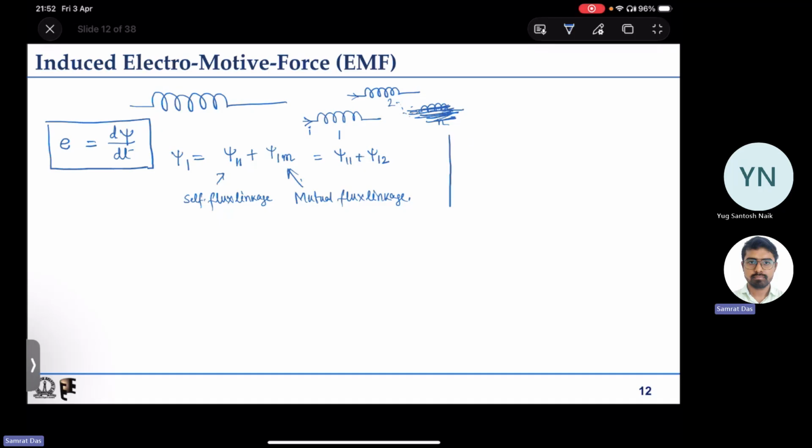Now, we understood what we mean by inductance, and so self inductance and mutual inductance. Self flux linkage is proportional to its own current, and the proportionality constant is self inductance. So psi 11 equals L11 into I1. So this L11 is the self inductance of coil 1.